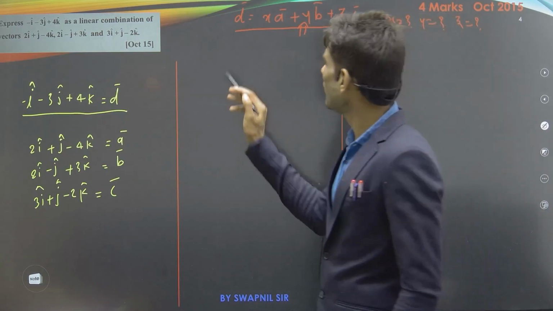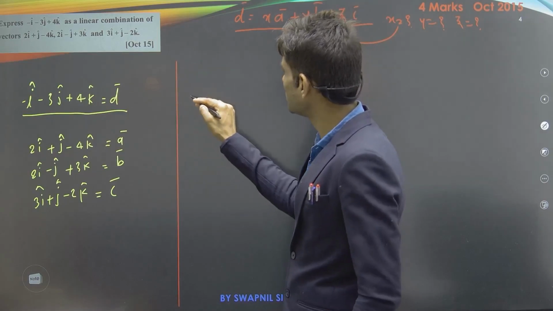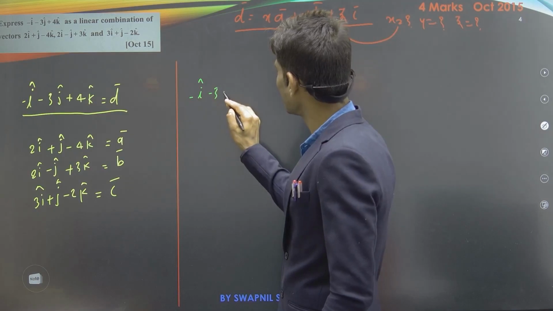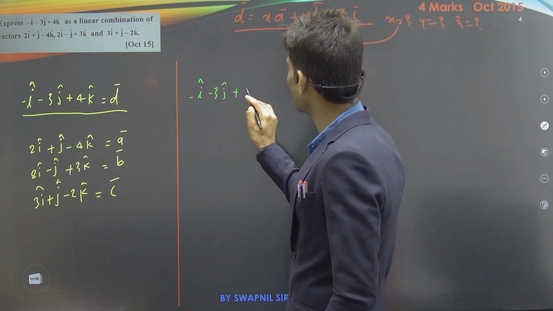So what we have here is d bar, which is minus i cap minus 3 times j cap plus 4 times k cap.